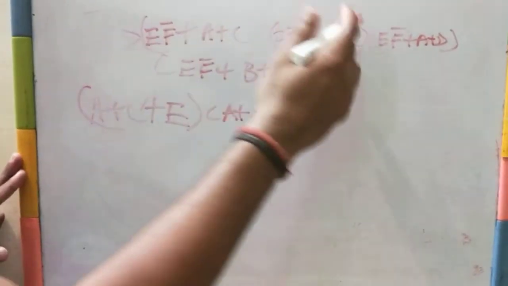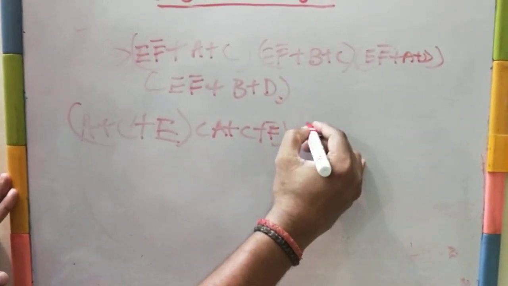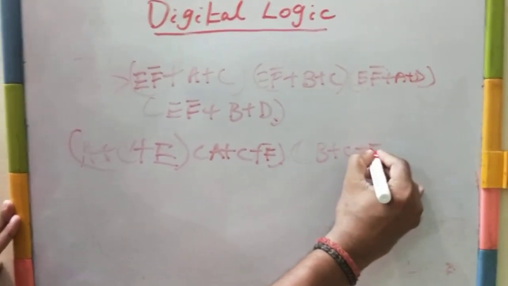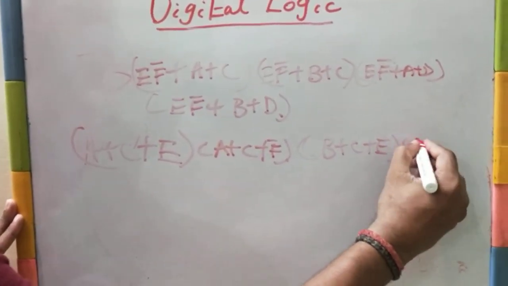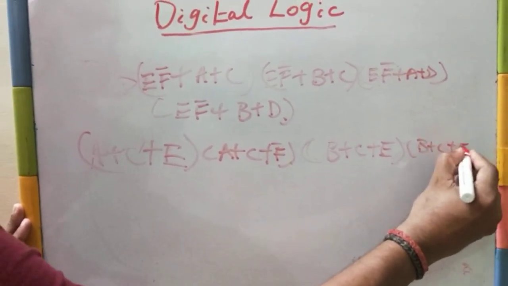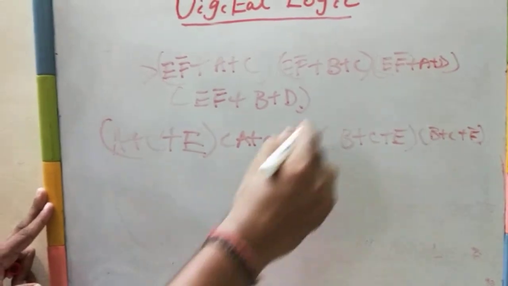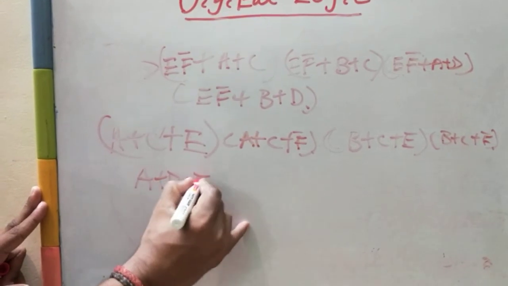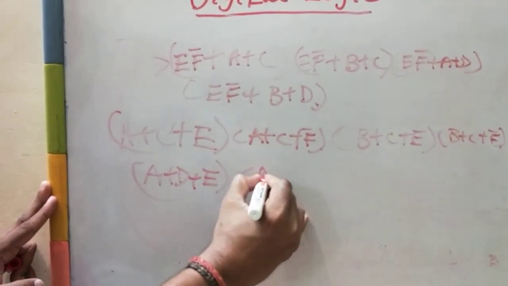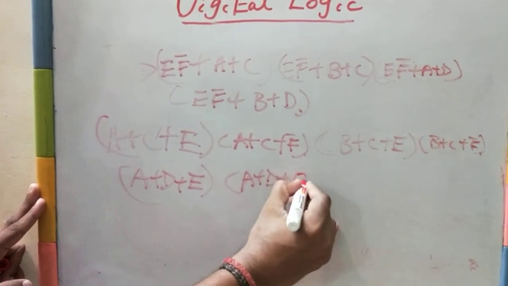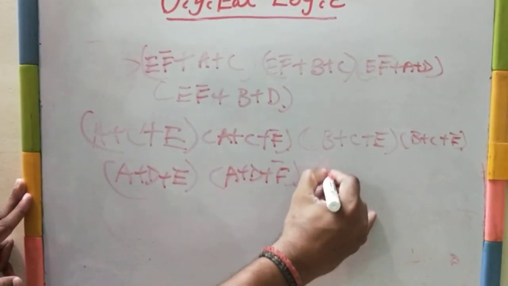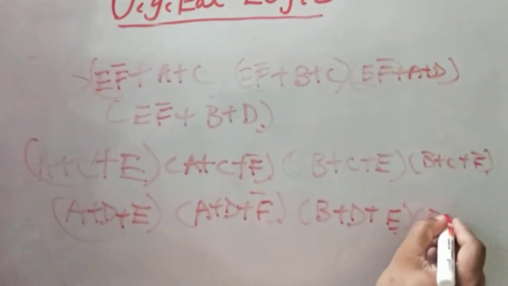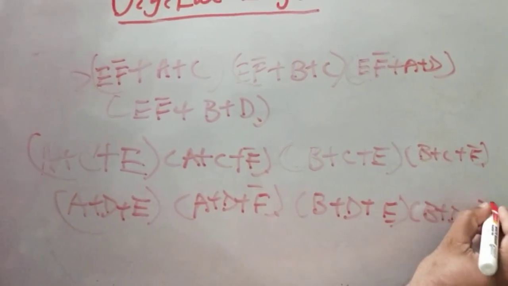In the similar way, the other terms: B plus C plus E into B plus C plus F dash. Then A plus D plus E into A plus D plus F dash, and then B plus D plus E into B plus D plus F dash.